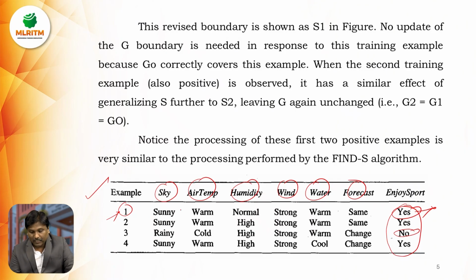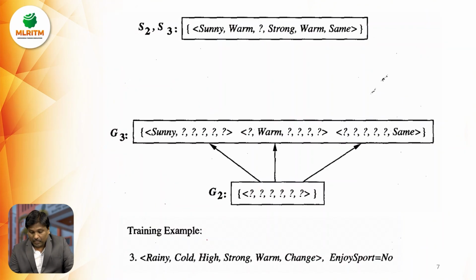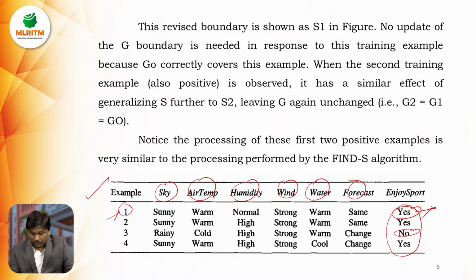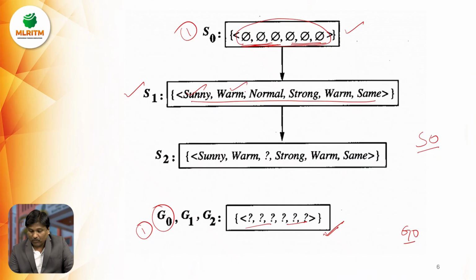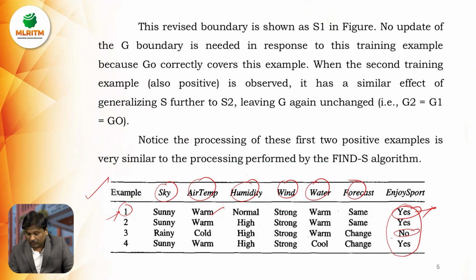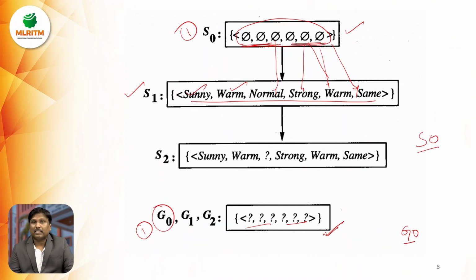Sky is sunny, I note down. Air temperature is warm, I note down. Next is normal, strong, warm, and the final is same. So wind strong, water warm, and forecast same. Based on these values, I update my specific hypothesis.